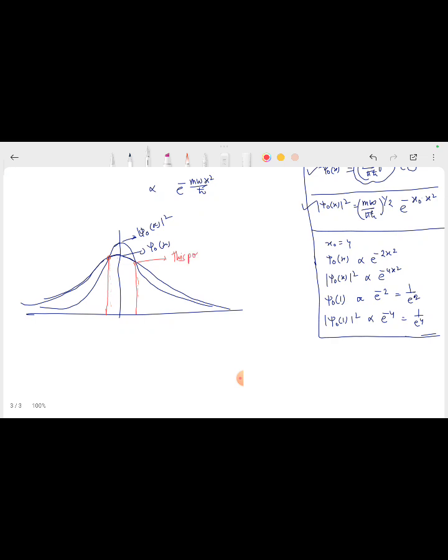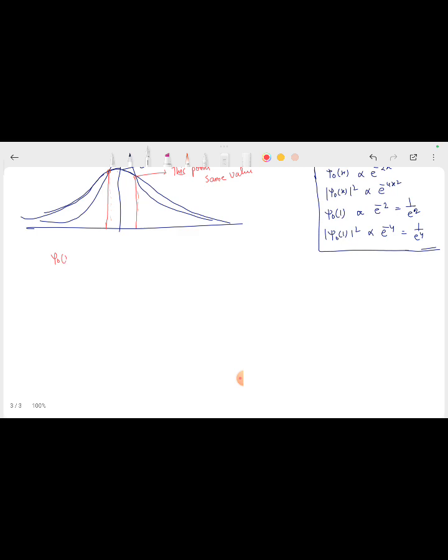These two wave functions have the same value. So at what points of x do we get the same value?